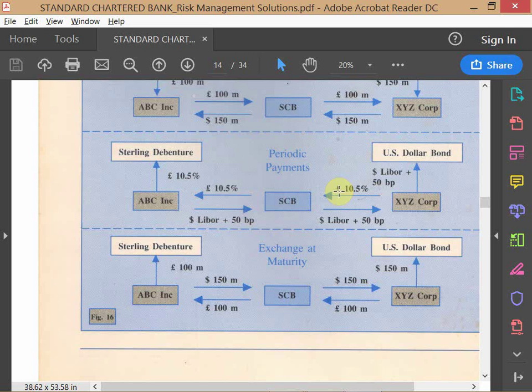Because this XYZ corporation had no natural interest to issue in floating rate dollars. They were only doing it because the investor appetite is only for that in that segment of the debt market. We call these different segments of the debt market. They would have preferred to issue in the fixed rate sterling segment of the debt market, but the investment banker told them that there is no demand in that segment for your kind of $150 million worth of 7-year debt.